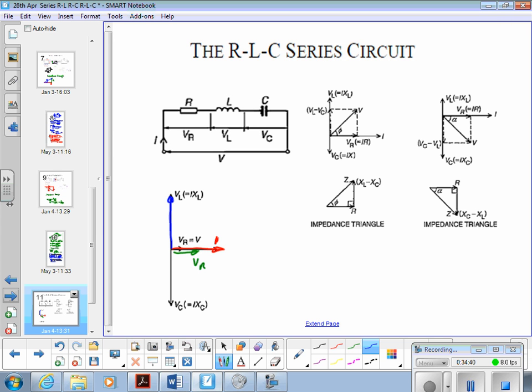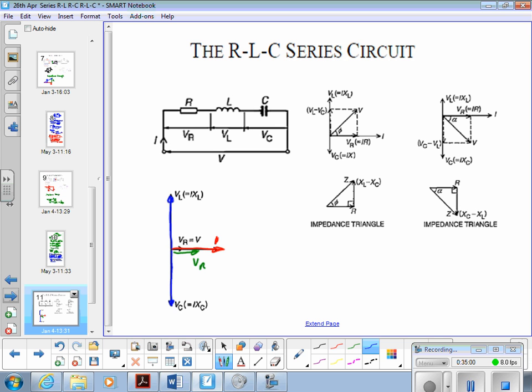And we've got the capacitor voltage in there, and then we can have resultants of both of those, and I'll show you that a little bit better in a minute, because these two work, as we said, opposite to each other.